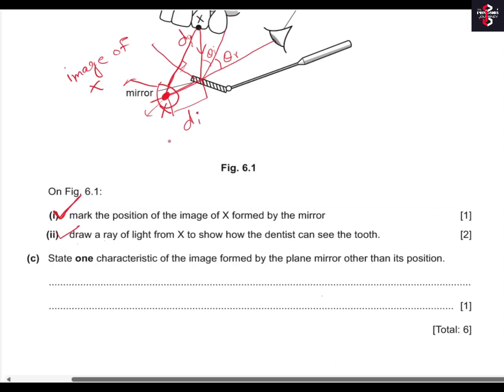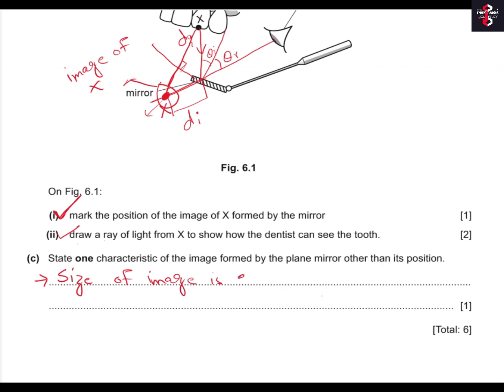So in the next part, we are asked to state one characteristic of the image formed by the plane mirror other than its position. So we know that the size of the image formed by the plane mirror is equal to the size of object. So we can write it, size of image is equal to size of object.